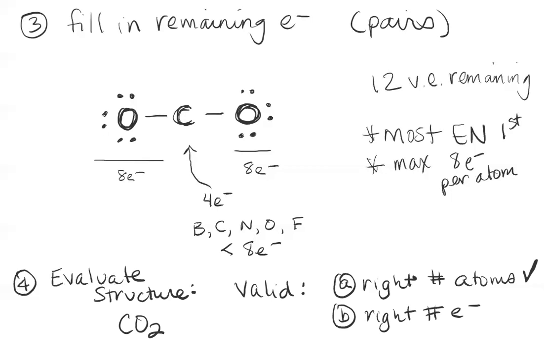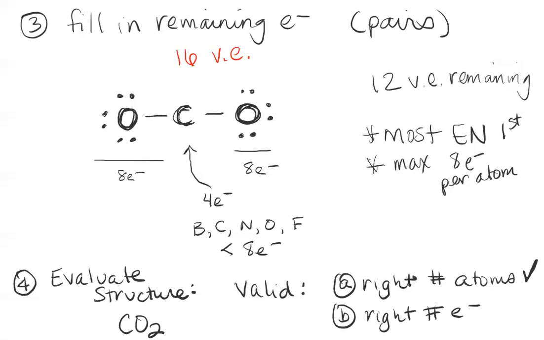And next I ask, does it have the right number of electrons, right? And to have the right number of electrons, if you remember back from the very first step, we're counting valence electrons. And total, this thing should have 16 valence electrons.